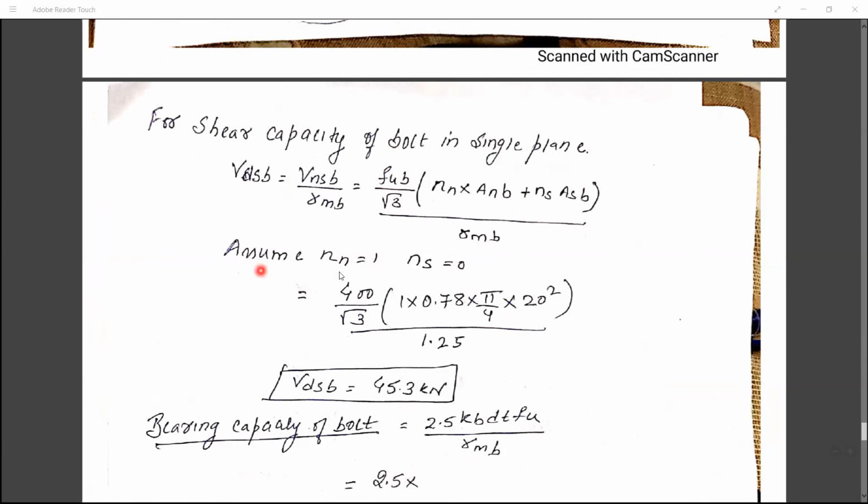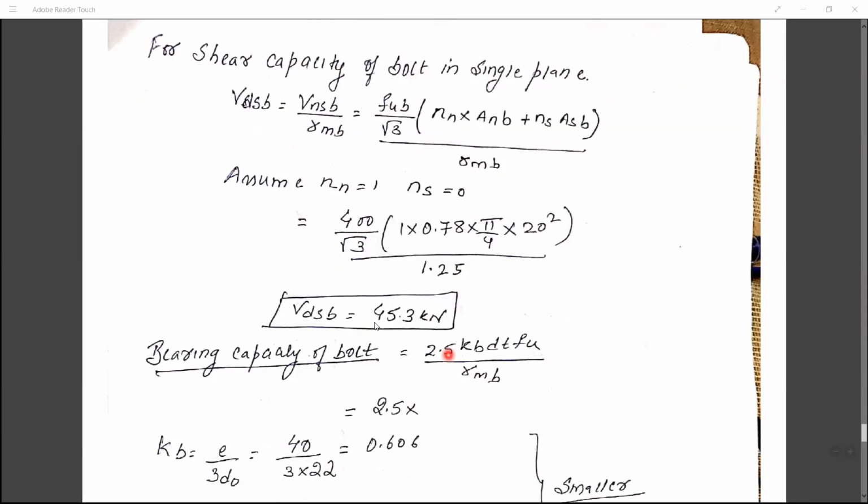Here the failure is in the thread, so NN is equal to 1 and NS is equal to 0. So FUB by root 3, 400 by root 3, 1 into 0.78, pi by 4 into 20 square, divided by 1.25. So your VDSB is 45.3 kilonewtons.